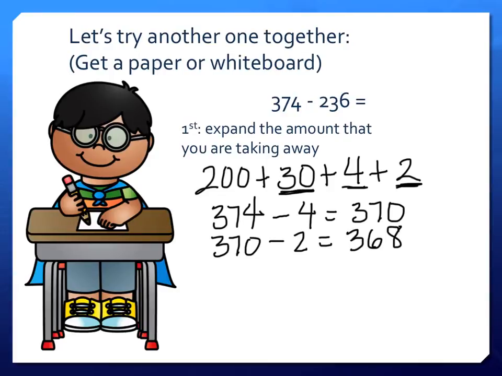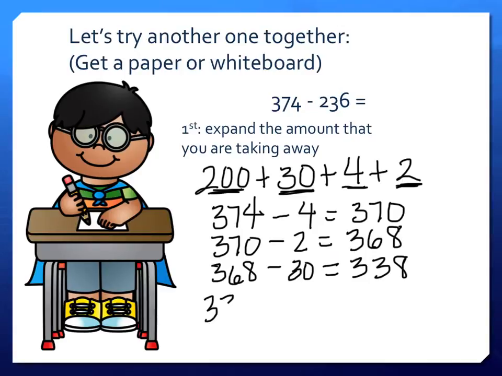Start with the number we have left, which is 368, and I'm going to take away 30 this time. 368 take away 30 is equal to 338. All right, my last value I have to take away is my hundreds. So I'm going to do 338 take away 200, and I know that's only going to leave me with 138. Nice job.